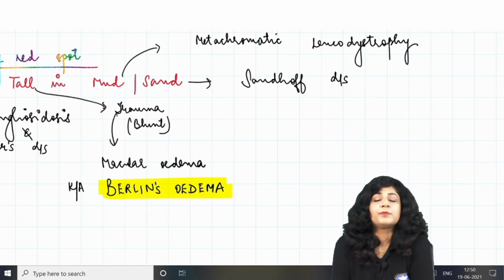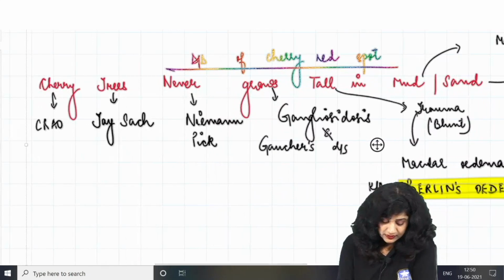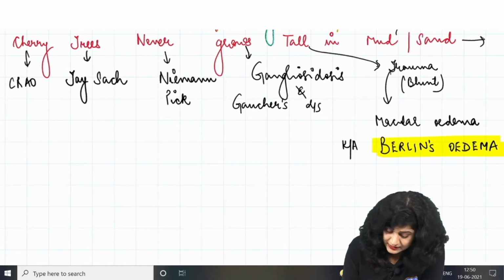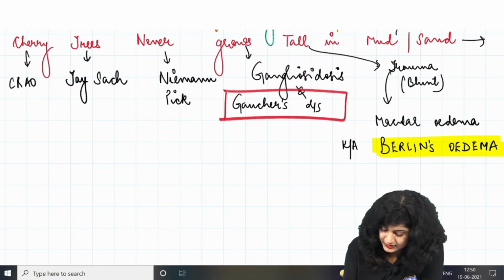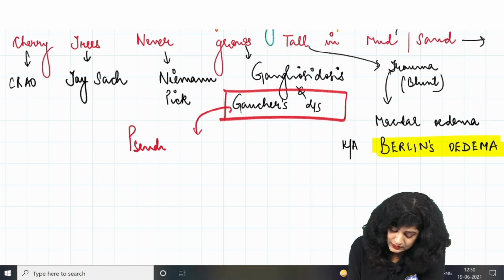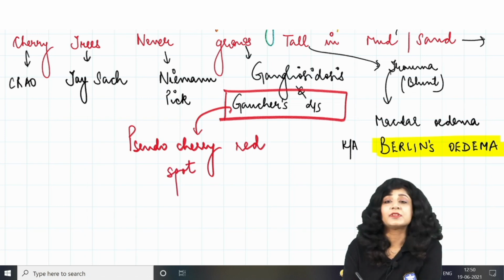There are so many causes where you get the cherry red spot, but one more thing you need to know: though we have this cherry red spot in cases of Gaucher's disease also, it is not a true one; it is a pseudo cherry red spot. So while you are picking, you should know which one to choose and which one to rule out.